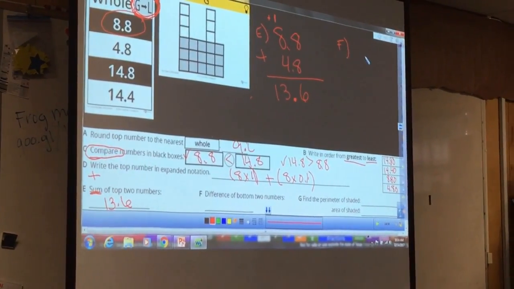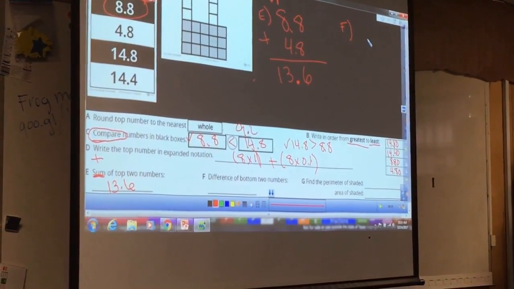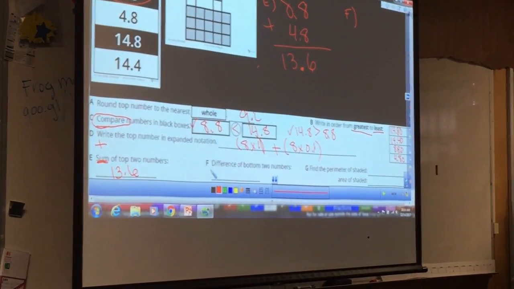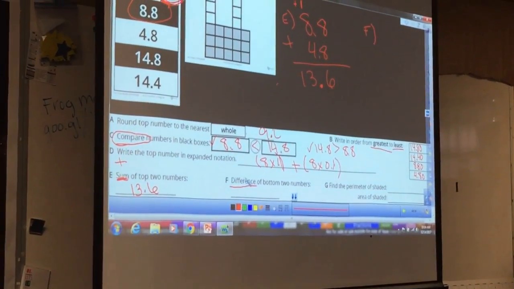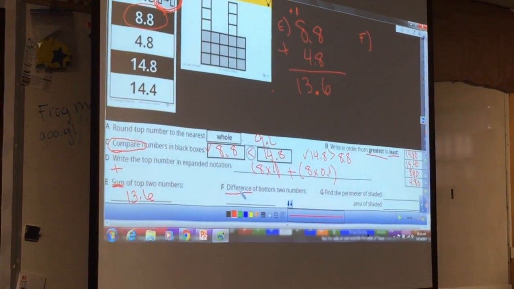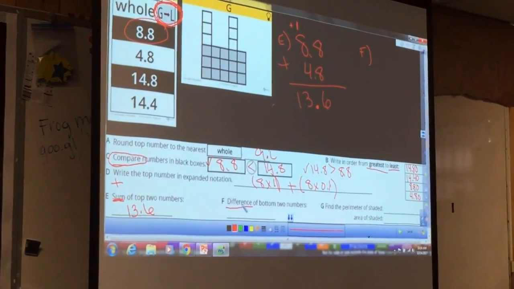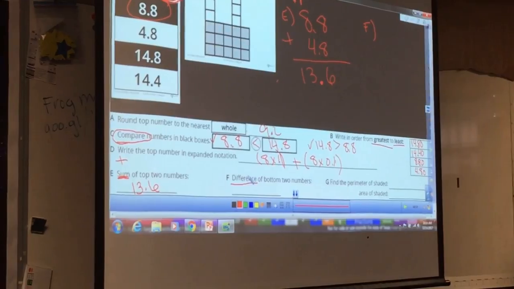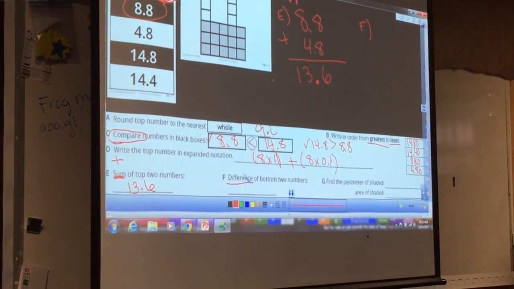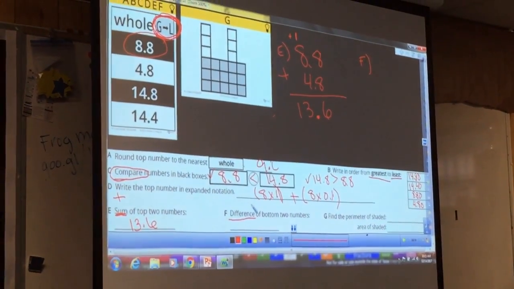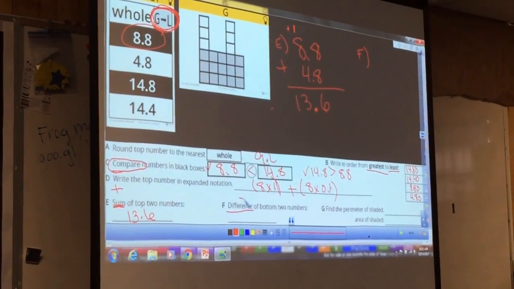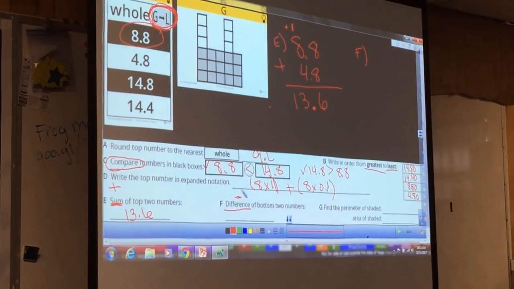Because you had a great definition for addition. What does difference mean? The opposite or something. No. Well, it does. That is true. But in math, what does it mean? The answer to a subtraction problem. It is the answer to a subtraction problem, to find the difference of something.